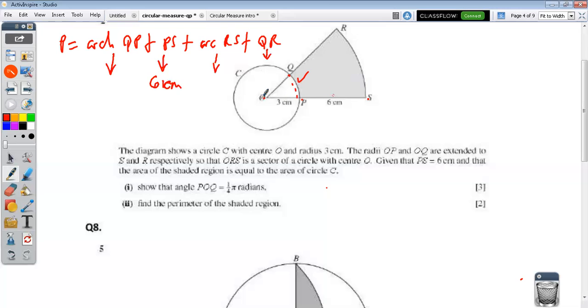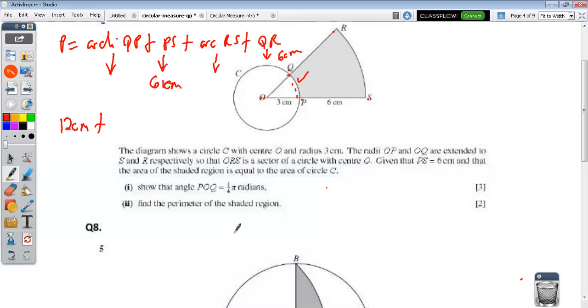Remember, the radius of the large one is the same, so this is also 6 centimeters. So 6 centimeters plus 6 centimeters gives us 12 centimeters for QR and PS, plus the length of this arc and the length of that arc.